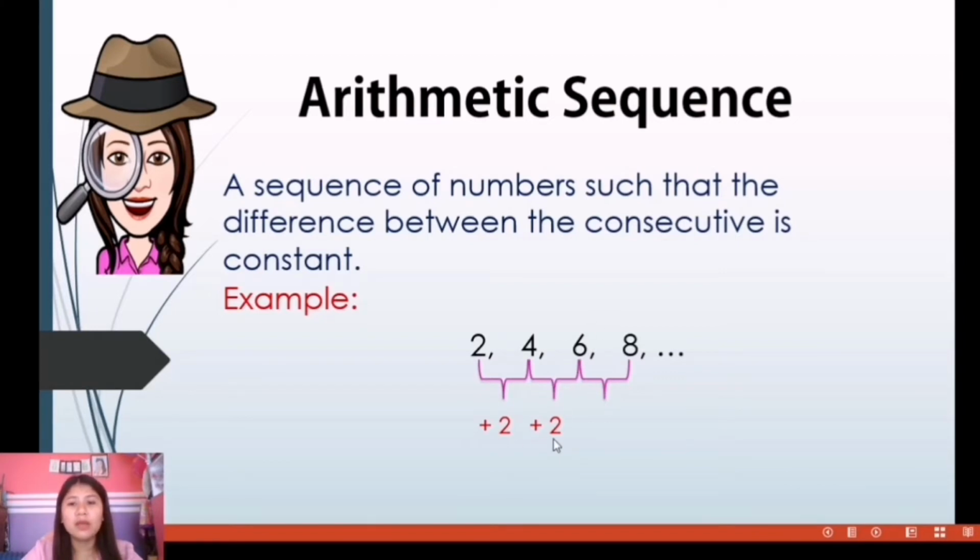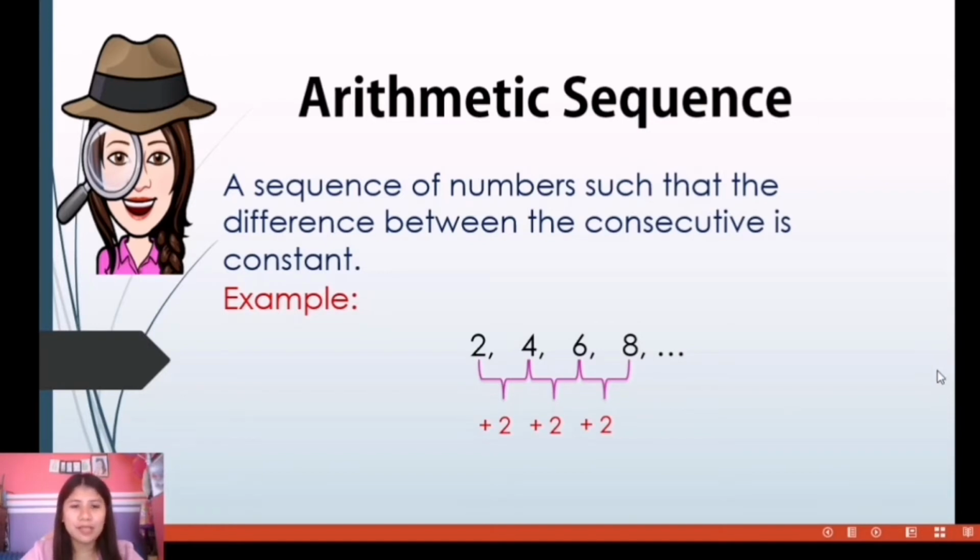Okay, same common difference. Then 8 minus 6, that is equal to 2. Since this sequence produces a constant number which is 2, their common difference, this sequence is what we call an arithmetic sequence.